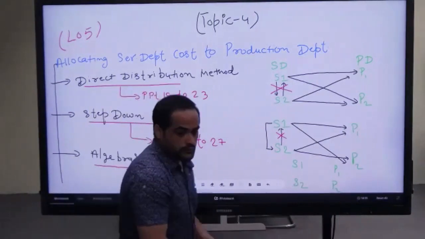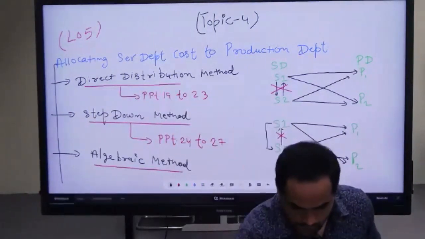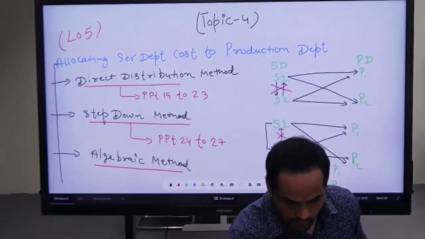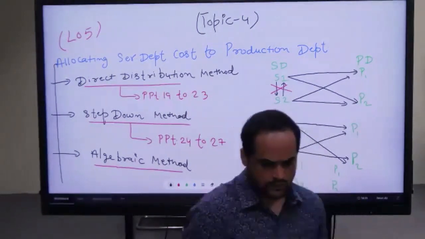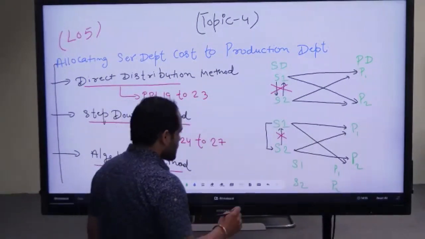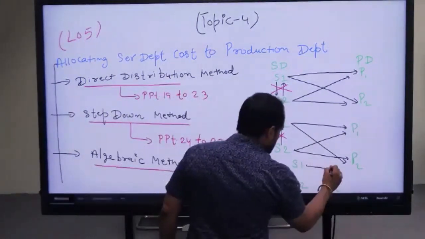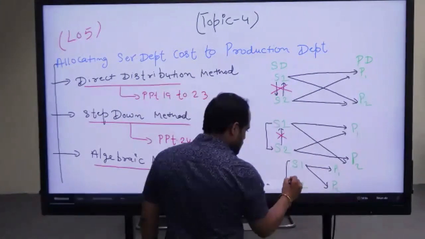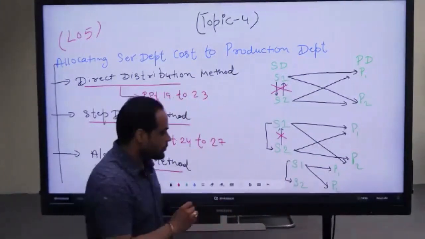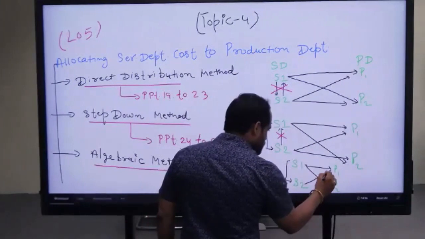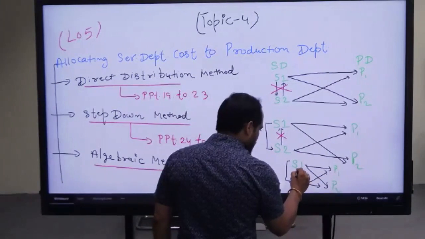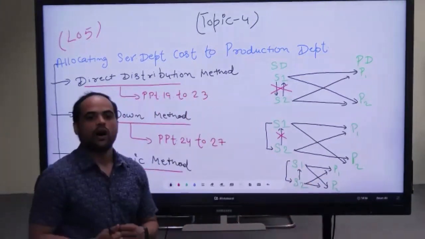So a service department is providing services to P1, P2, and S2, and S2 is also providing services to S1.